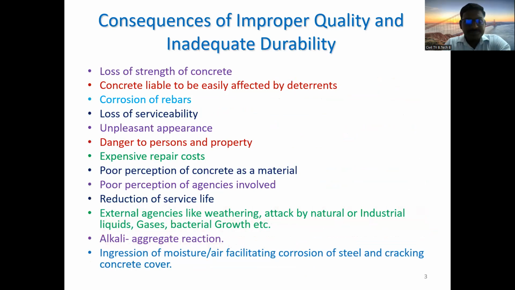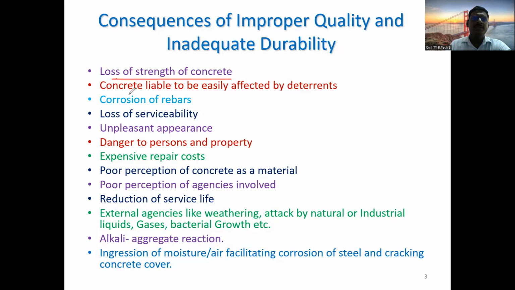Then improper quality and inadequate durability occur. What is the reason behind that, and what will happen due to this? If the quality and durability get reduced, there will be loss of strength of concrete.